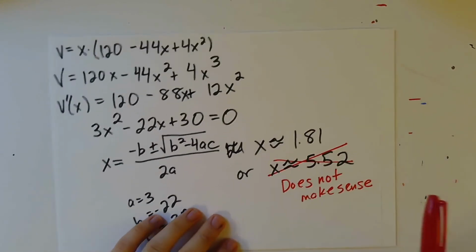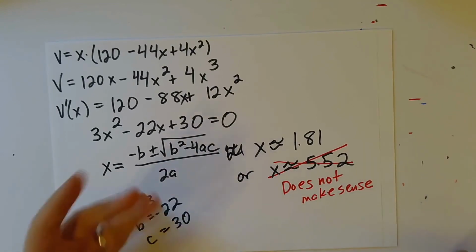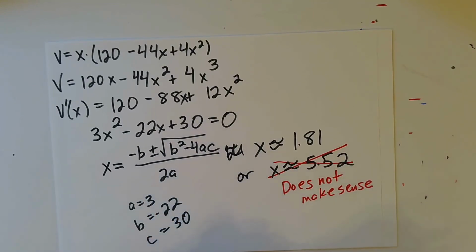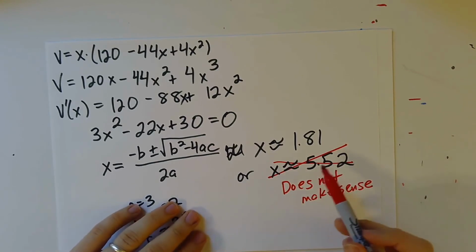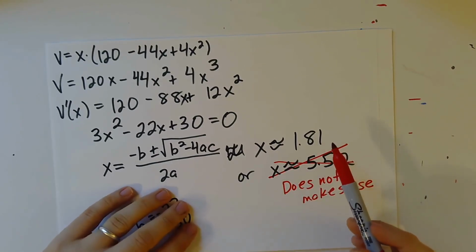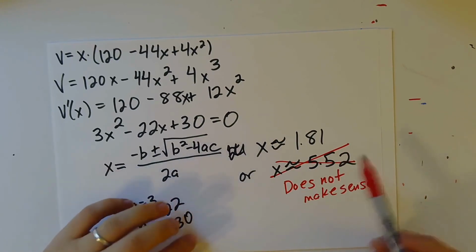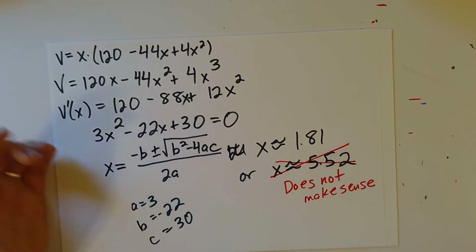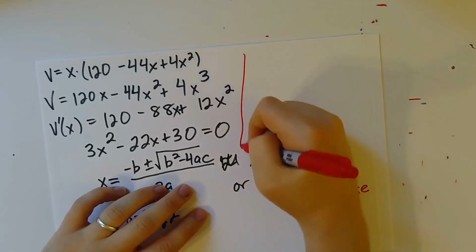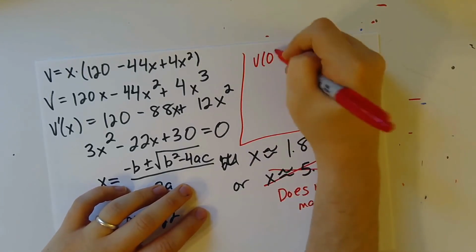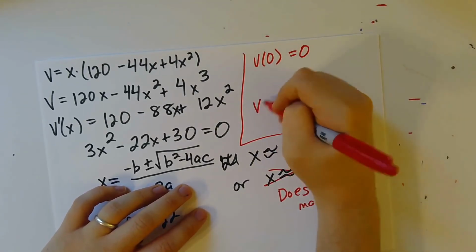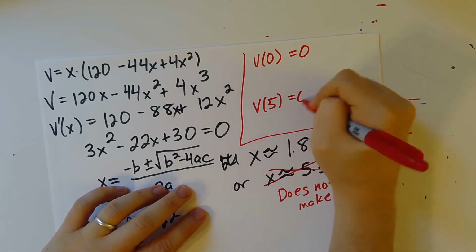So then I have to ask myself, okay, what's the biggest x could be, what's the smallest x could be? Well, the biggest x can be is 5, as we just sort of argued. The smallest x can be is 0. But certainly v of 0 is 0, and v of 5 is 0.